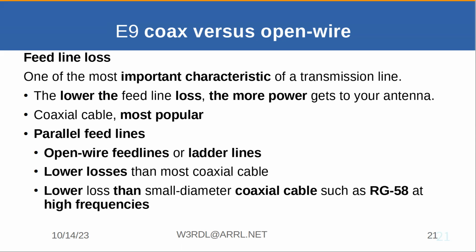Unless you're talking about VHF and UHF or very long lines, it's not a real significant factor. I guess if you're doing QRP, where every little watt counts, you might prefer parallel feed lines.